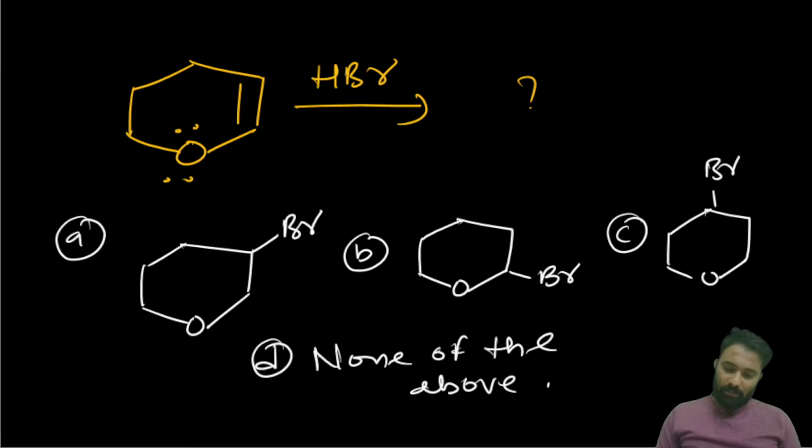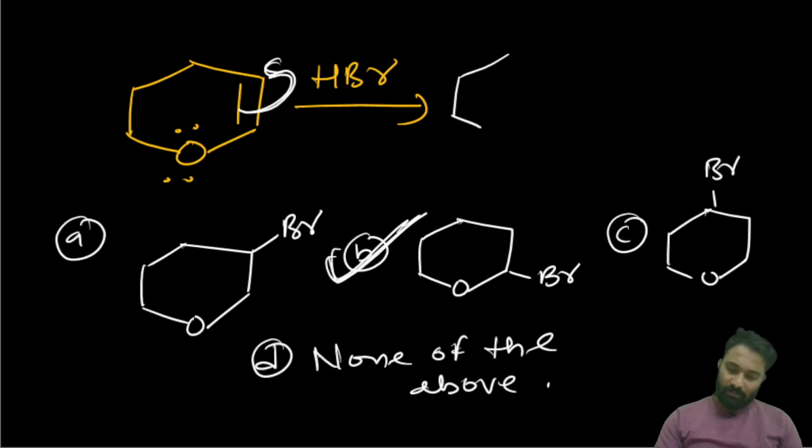Correct. Because if this pi bond is shifted here, B is correct. Why? If this pi bond is shifted, this carbon will get the negative charge here, and the other carbon will become a carbocation.